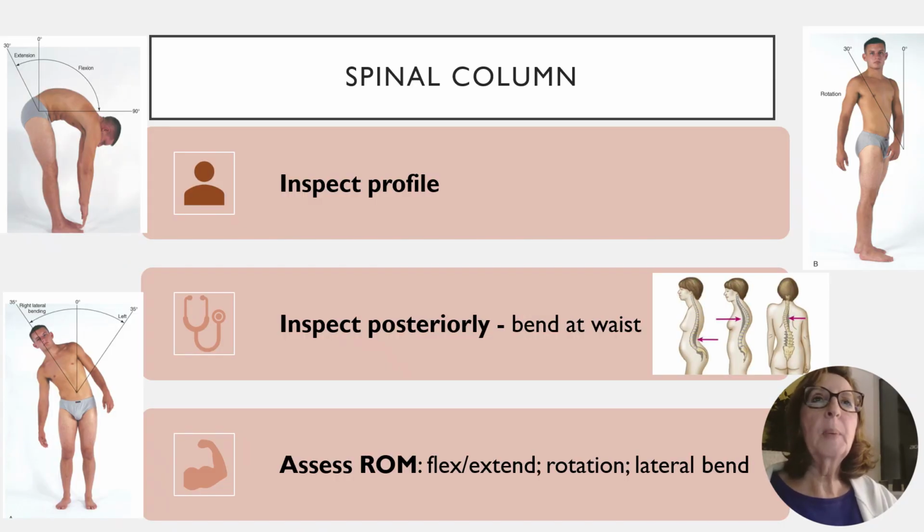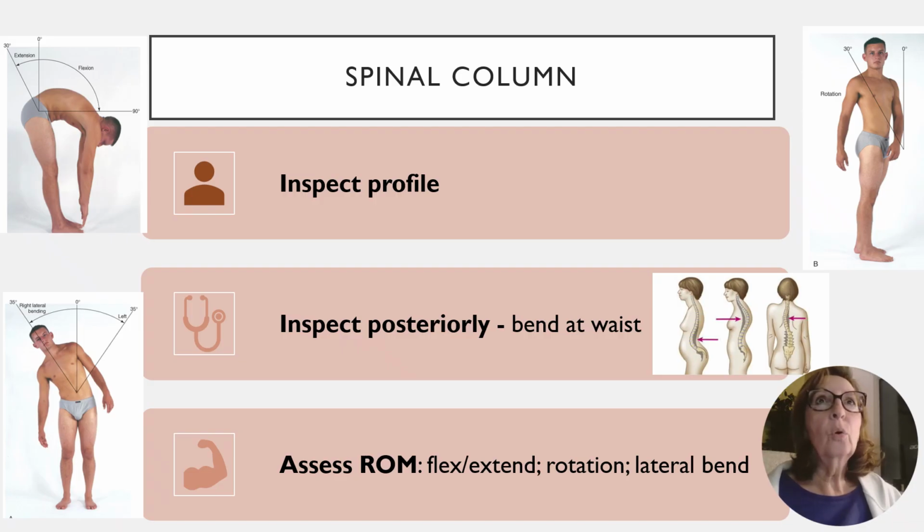When we're assessing the spinal column, again, you're just going to inspect the patient. So you're going to be looking at their back. You can look at their posture. Okay. If you want to check posteriorly, you can do that. You can have the patient bend over at the waist, and you can kind of run your fingers down their spinal column to see if they have any scoliosis or if their spine is straight.